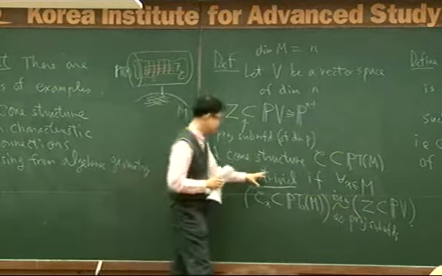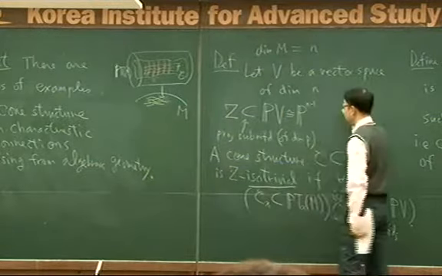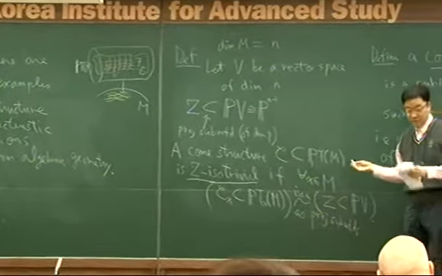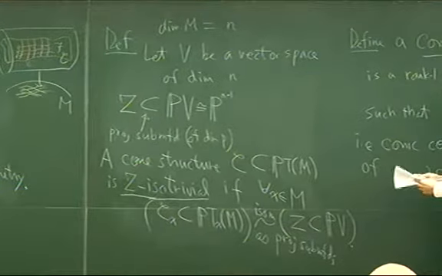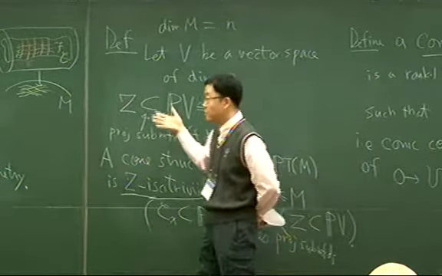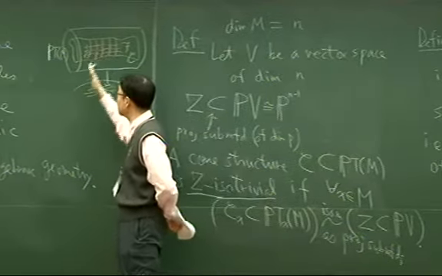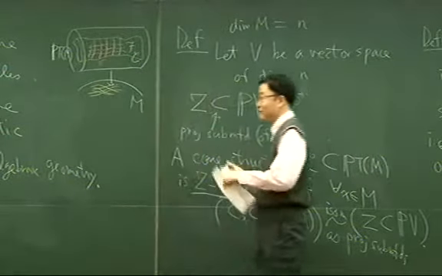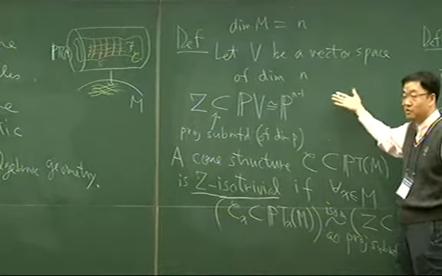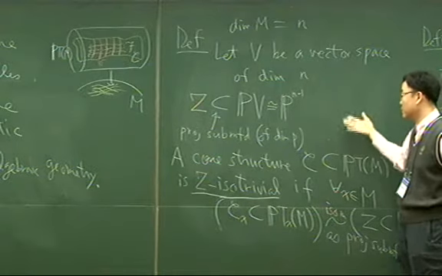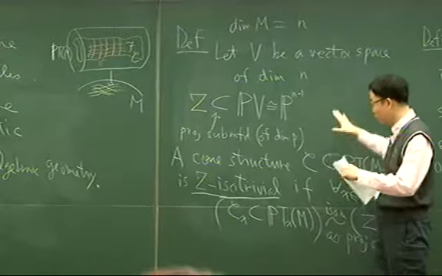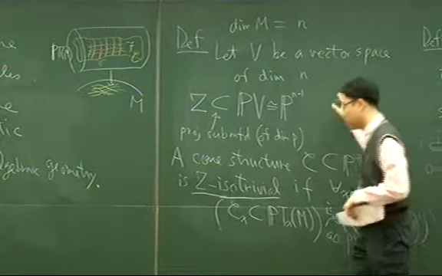So whenever this holds, I'll say it's a G isotrivial cone structure. And this is, as I said, a rather heavy restriction, because there are many examples in algebraic geometry where this does not hold. But still, to make some computation using differential geometry tools, I make this assumption. And even under this assumption, there are many interesting questions. So from now, I will concentrate on these G isotrivial cone structures.